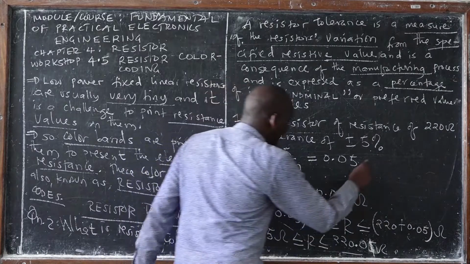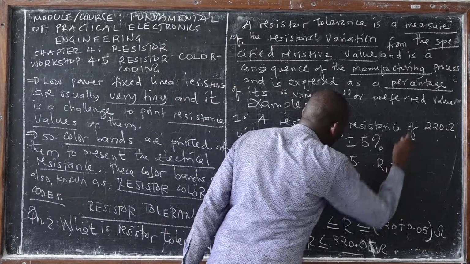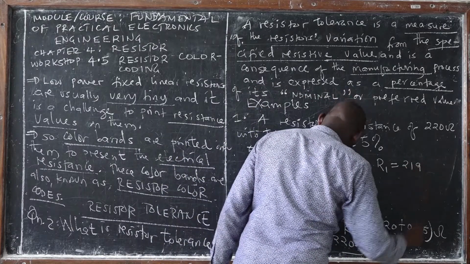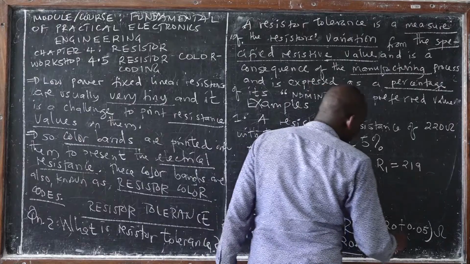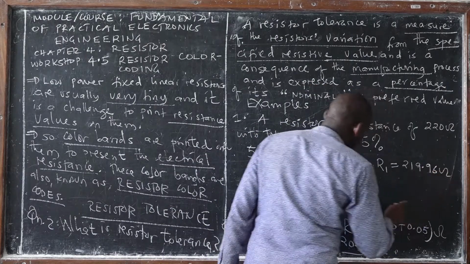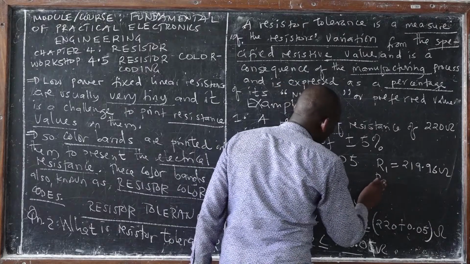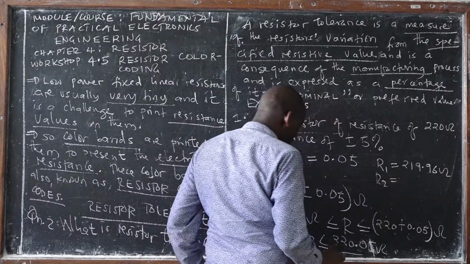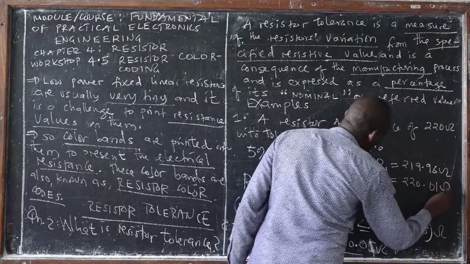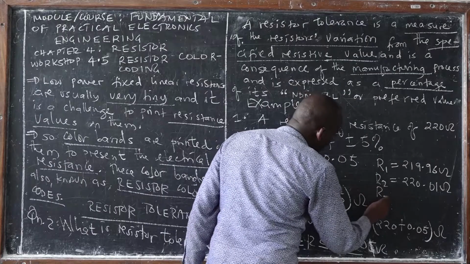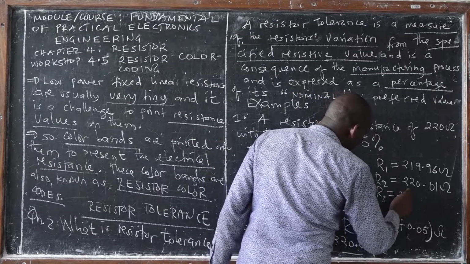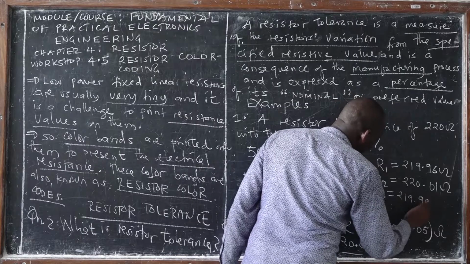So for instance, if I measure the resistance of this resistor and find that it's 219.96, and also Ruben measured the resistance of the same resistor and found that it's 220.01 ohm, and also Good Luck measured the same resistor and found that it is 219.999 ohm.